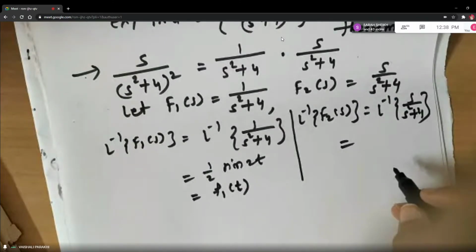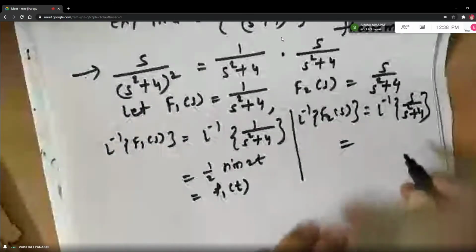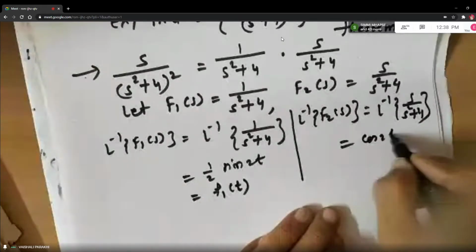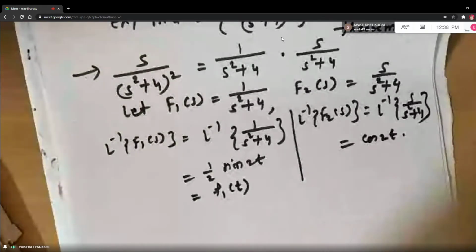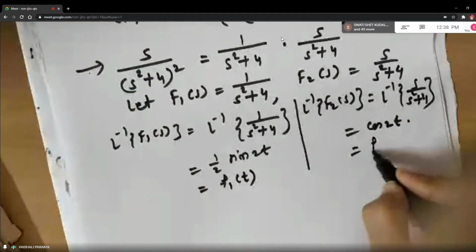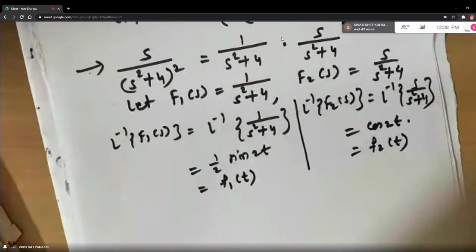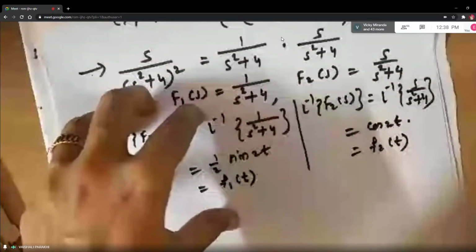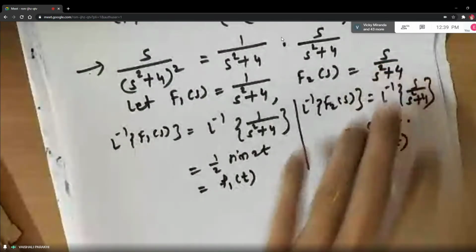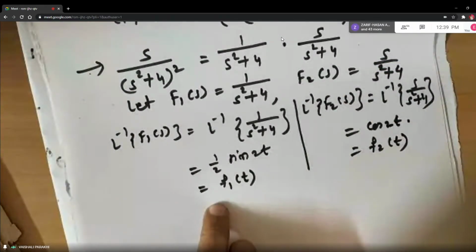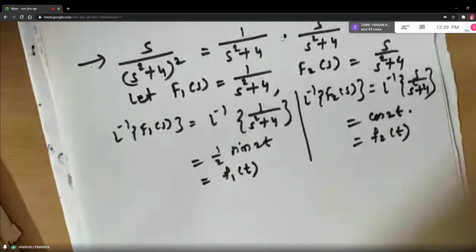Cos 2t. Very good. And denote it by what? F2 of t. So now you will find it easy. Find L inverse of f1 of s and f2 of s. Denote the first one as f1 of t and the second one as f2 of t.